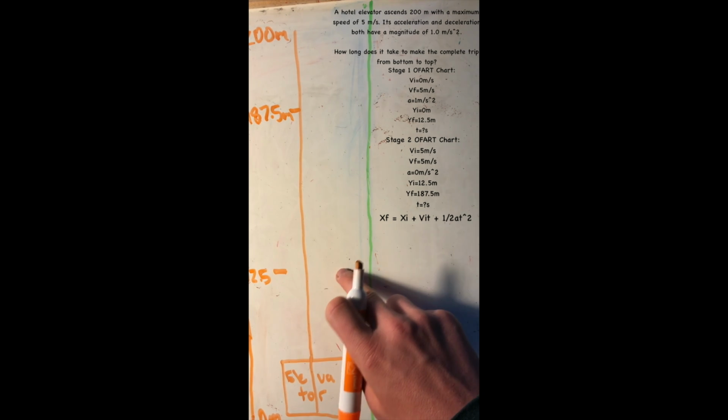Alright, so we are going to be using that equation right up there. So let's plug in our known values for stage 1, okay? This is to find the time between when the elevator first starts moving and when it reaches its full speed. So we're going to have 12.5 is equal to 0 plus 0t plus 1/2 times 1t squared.